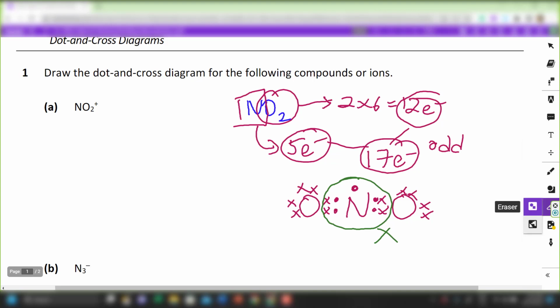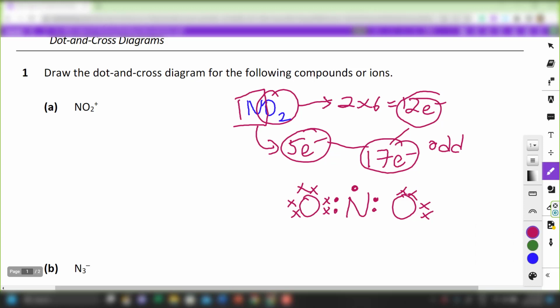Because this is not possible, we need to do a bit of rearrangement. Actually, it's just a very simple rearrangement. You'll notice that between the N and the O, you can actually allow the O to have the octet configuration by simply removing this. If I remove this and I just put the 2 crosses here, then the oxygen will have the octet configuration, and nitrogen will not exceed the octet requirement.